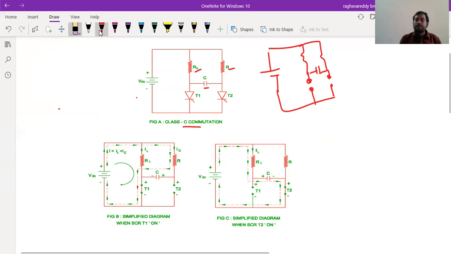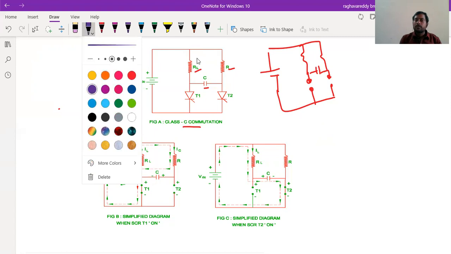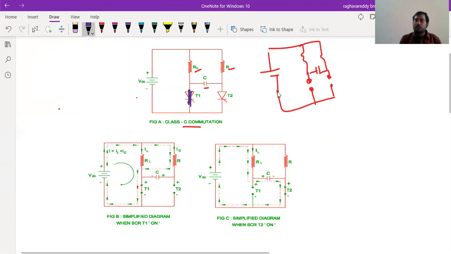Now if thyristor T1 is turned on, it will be short circuited, and from the battery current passes; there are two paths available. One is this path, and another one is through the resistor and capacitor, the charging path.